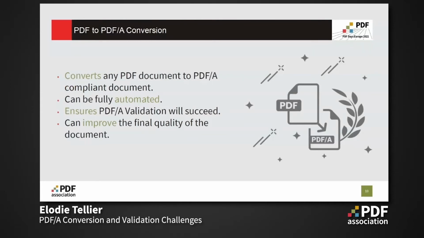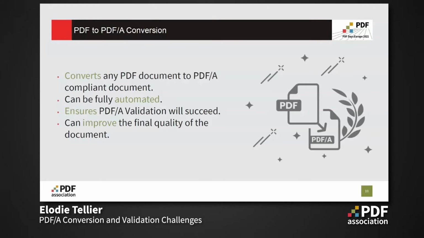PDF to PDFA conversion tries to handle this problem by converting any real-world PDF into a PDFA compliant document. Depending on which stage of the document life it is utilized, it ensures that following PDFA validation will succeed and that it will be accepted by any organization that has requirements for meeting such standards.